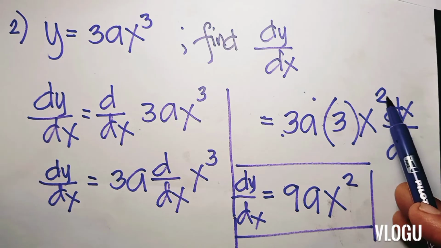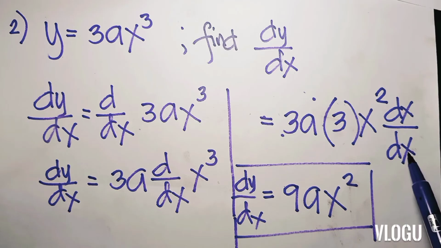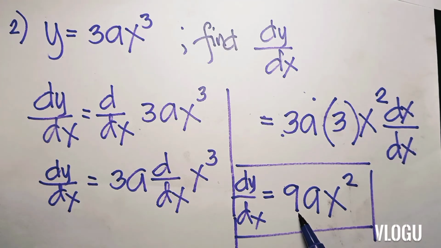That's the reason you have squared. Then the derivative of x without exponent over dx, this could be cancelled out. That's the reason we have 9ax squared. So, this is our final answer.